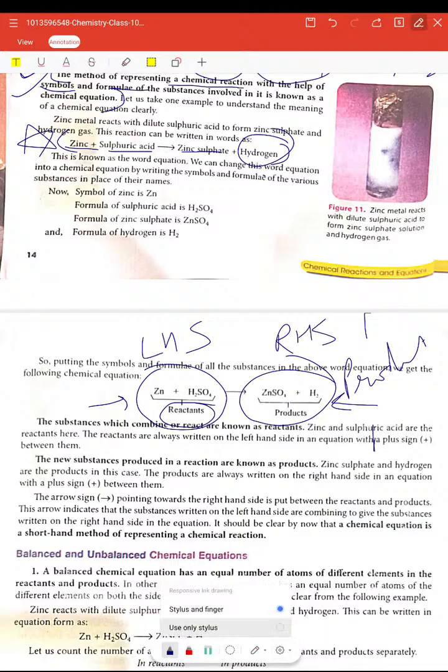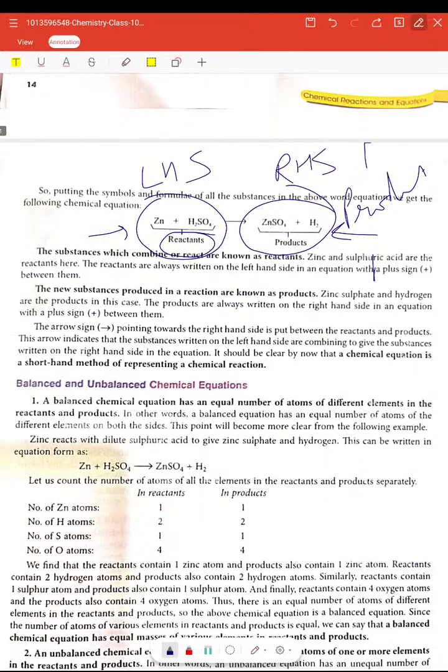What is a balanced chemical equation? A balanced chemical equation has an equal number of atoms on the left hand side and an equal number of atoms on the right hand side.